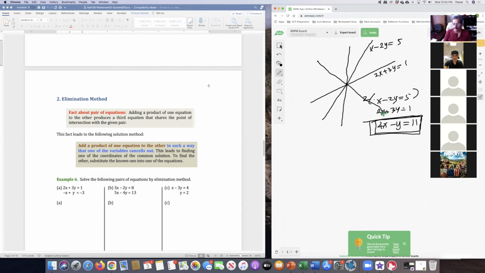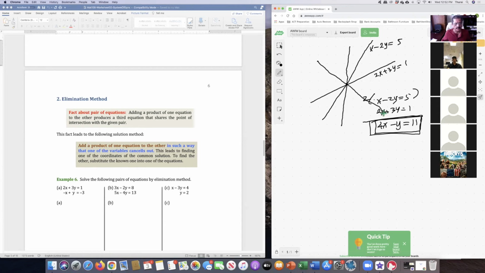So what we will do then is add a multiple of one equation to the other in such a way that one variable will cancel out. And then you will get an equation with only one variable, which will give you the solution right away.